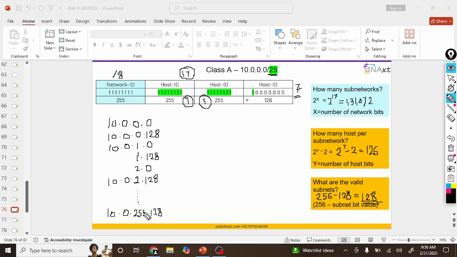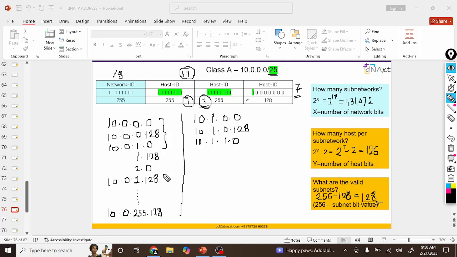Now if you add 128 here, it will become 256, so you cannot increment the fourth octet. Since there is an increment of only 1 in the third octet, adding 1 there will again make it 256, so increment in this octet is also not possible. In this case you have to increment the second octet. The next subnetwork will be 10.1.0.0, 10.1.0.128, 10.1.1.0.